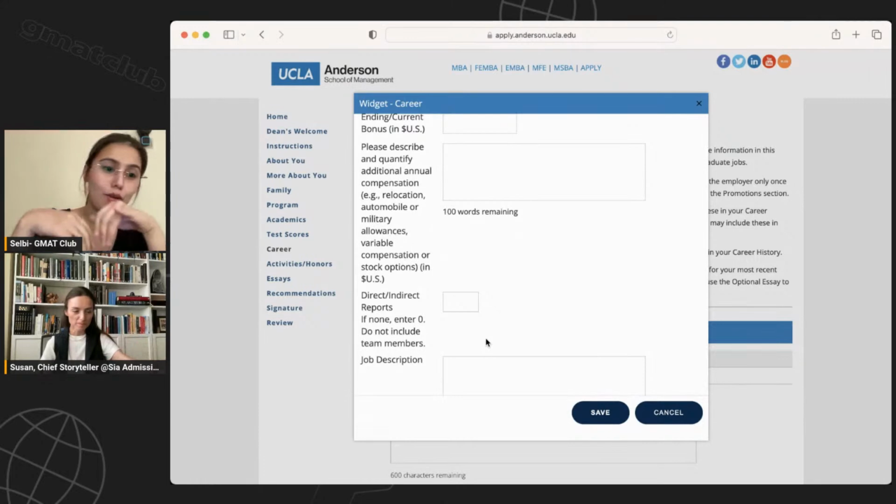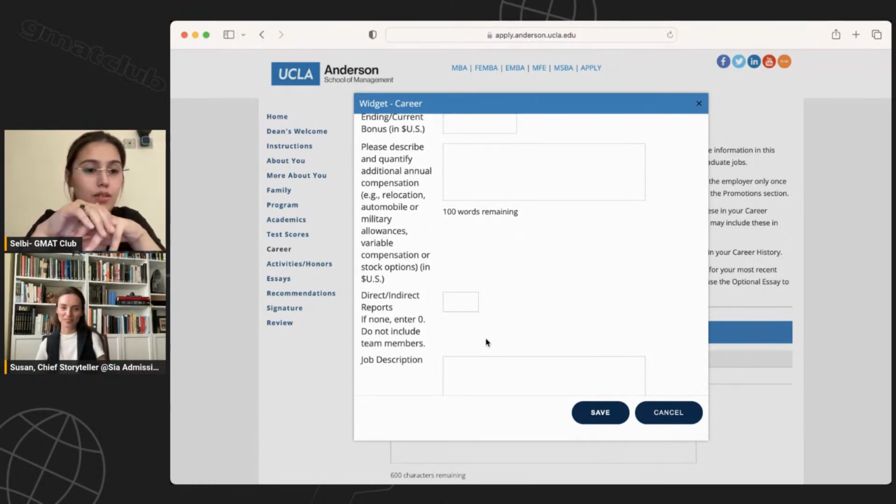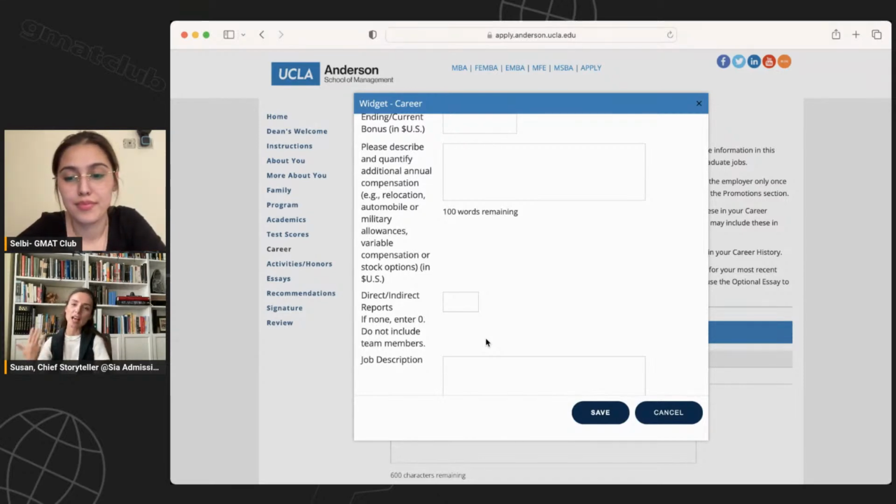Why are you getting these compensations, bonuses, etc.? Yeah, so they're really looking at whether your salary is too high for an employer that recruits at UCLA to be able to actually offer you even higher compensation to justify your MBA, right?